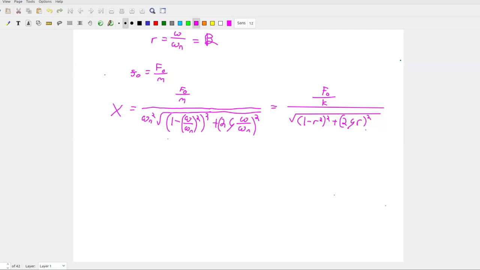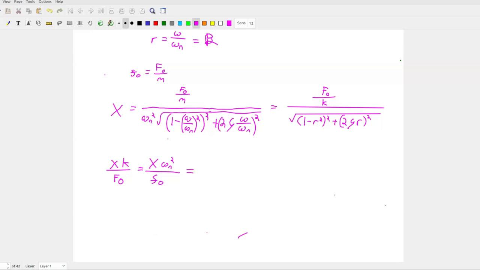Okay, so we get our frequency. We can rearrange a few things to capital X k over F naught, which gets us to a normalized parameter that we can put on the left of our plots that's coming up. Another way to talk about this is capital X omega n squared over f naught.